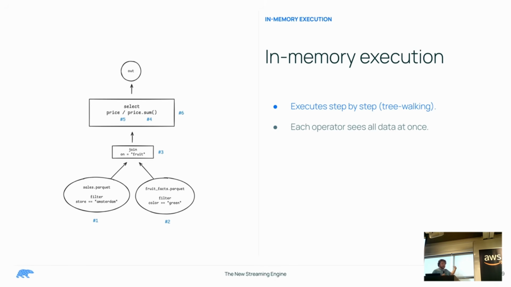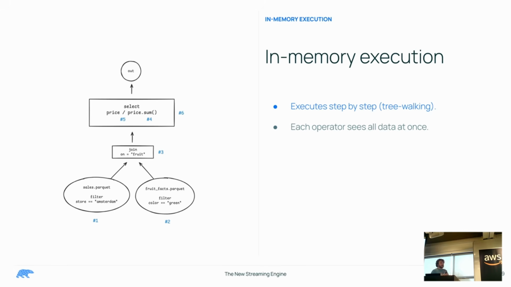So first we would read out all the stores in Amsterdam. Then we would read all the green fruit facts. Then we would do the full join on the data. And then we would have to do this sum and select, which operates recursively.